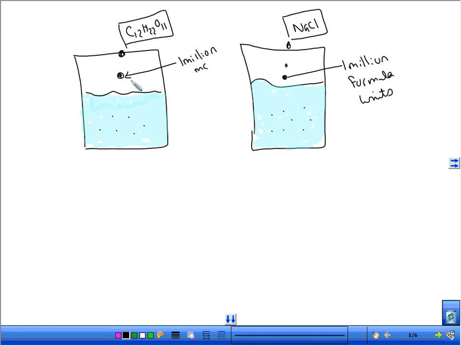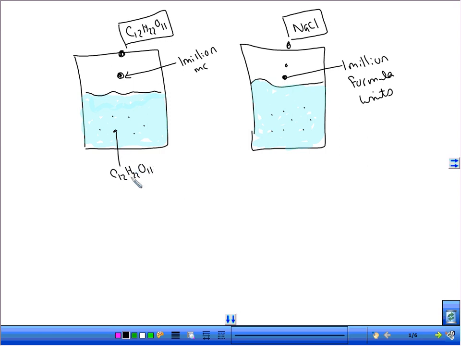And here's the difference. When this breaks up, just like if you had 1,000,000 people and you told them to disperse, they start breaking apart from one another, but the people still stay as people. And so this still stays as C12H22O11. The compound still stays together.